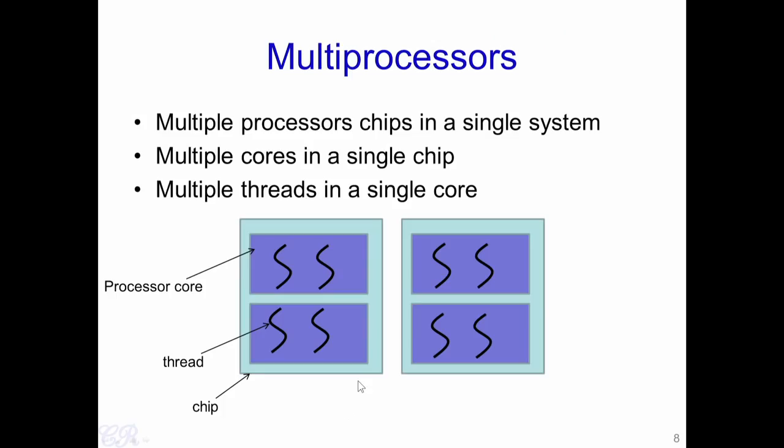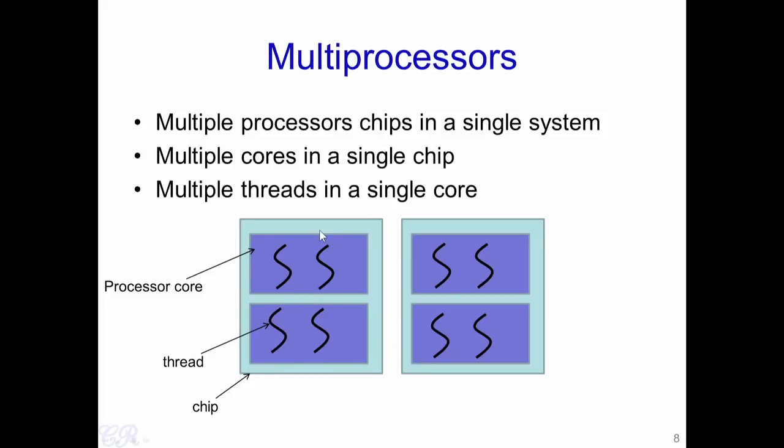So, what would happen in the case of multiprocessors? Essentially, where the system has more than a single processor. Such a system would look something like this. Essentially, there would be several CPU chips and each chip would have several cores.